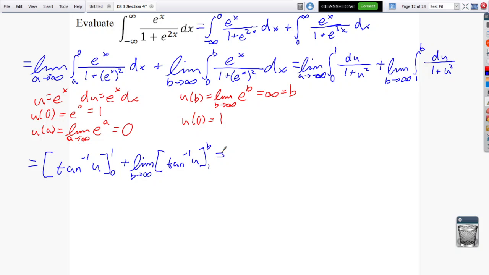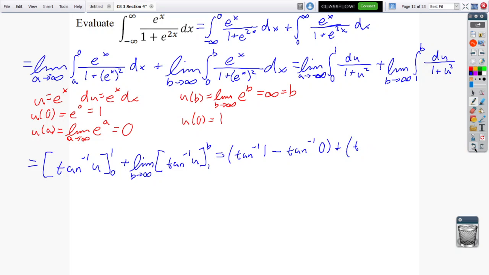So let's see here. We've got evaluating the first part using the fundamental theorem of calculus. We've got arctangent of the upper limit, so arctangent of 1 minus arctangent of 0, plus, forgot my limit notation.